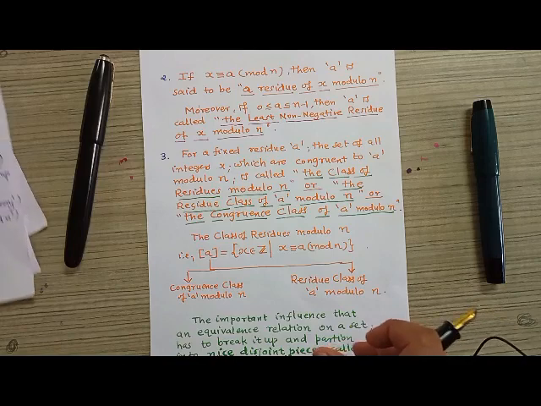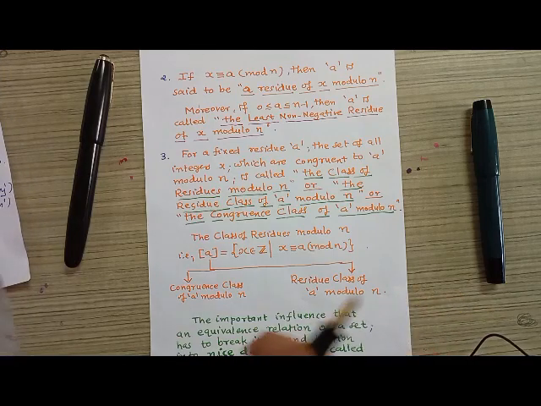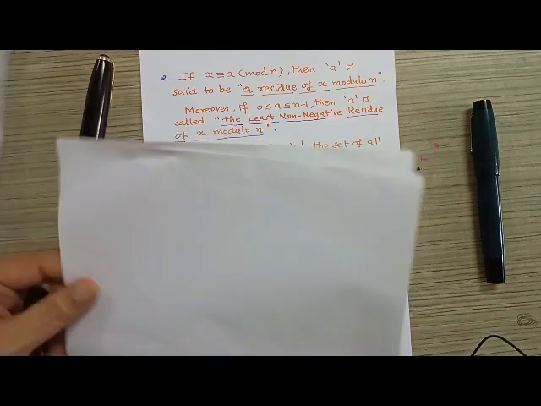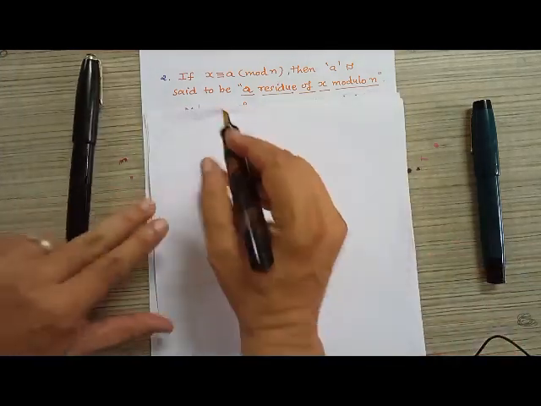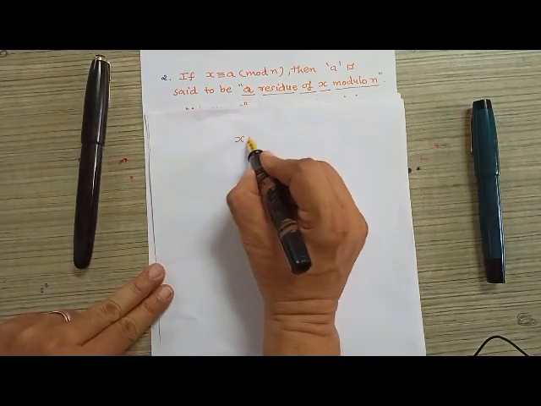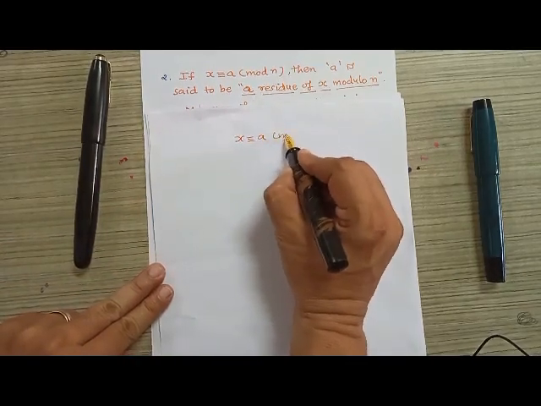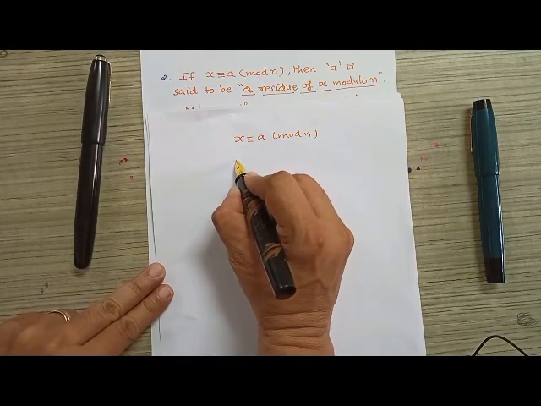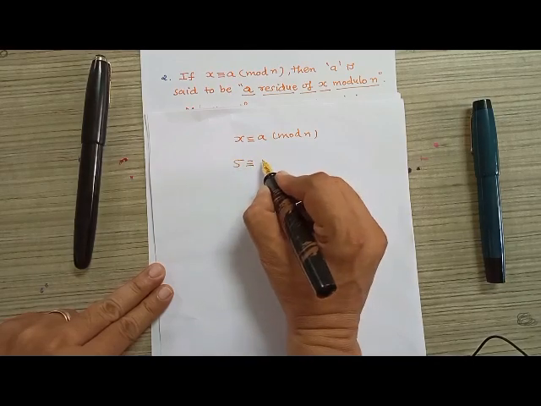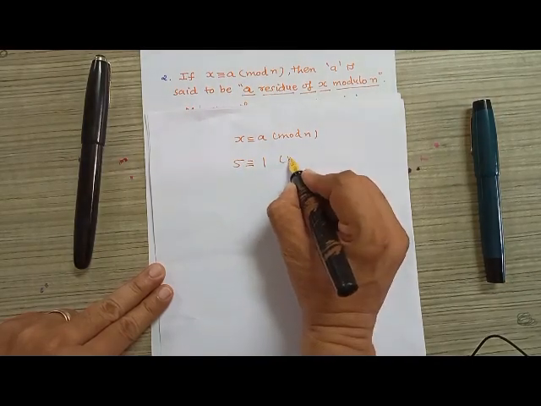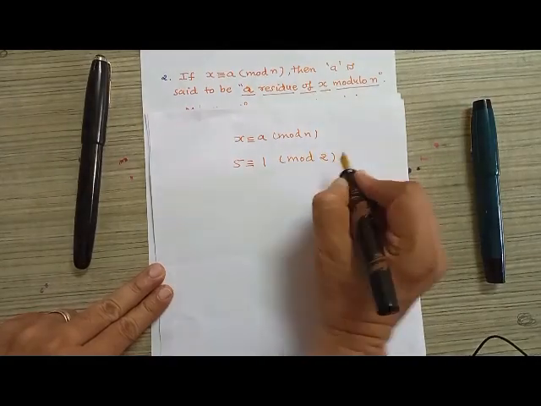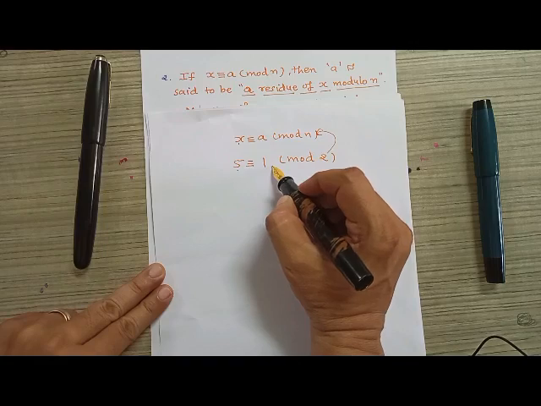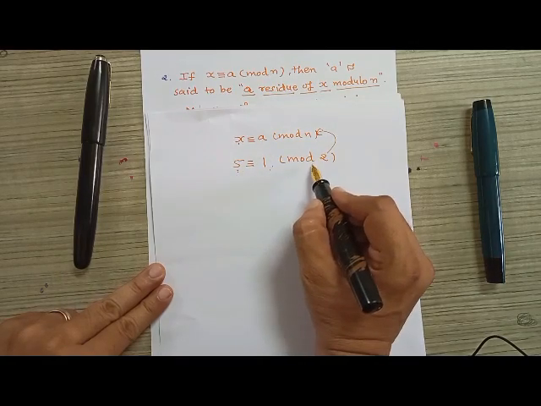Second remark. We know the concept of congruence relation in integers. X is congruent to A modulo n. In particular, if we consider n is 2, x is 5 and A is 1, then 5 is congruent to 1 modulo 2.